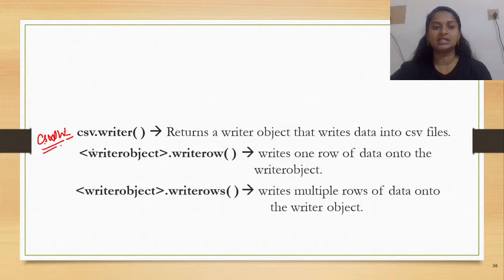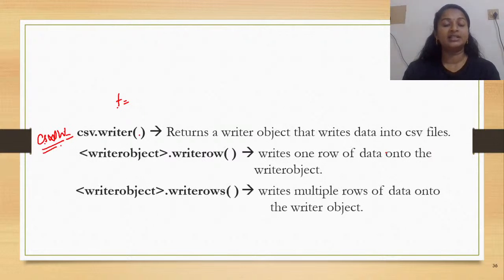When you're using it in the program, after opening the file there is a file object, and this file object has to be passed as an argument to the writer function. Since the writer function is defined inside the module, we use it via the module, like csv dot writer. So it returns a writer object that writes the data onto the CSV file.